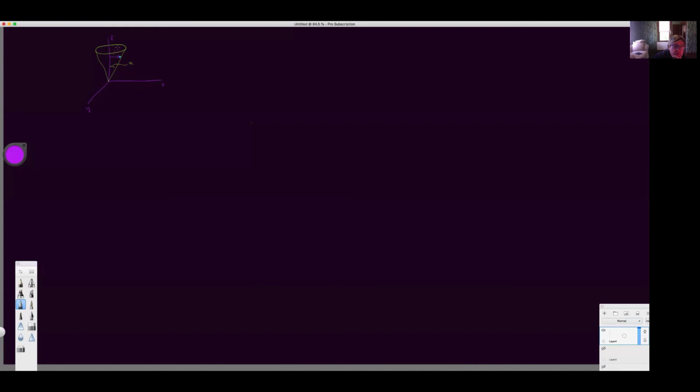Of course the distance up the axis is z, how far up the particle is. If we drop a line straight down to the xy plane, there's a projection of rho down here, and coming off the x-axis is the angle phi.